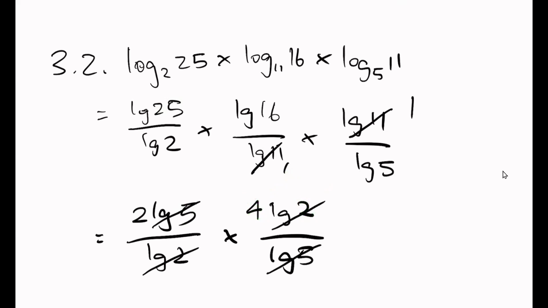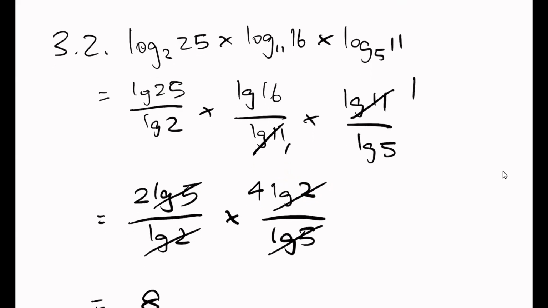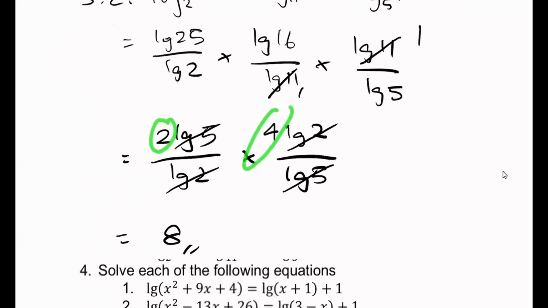And then you have lg 11 over lg 5. lg 11 cancels off. lg 5 will be combined together with this lg 16, but 16 has been rewritten as 4 lg 2. So you get this, you cancel off the lg 2. Yes, you cancel off the lg 5. Then you're left with 2 times 4, which is 8. Okay, good. Correct.